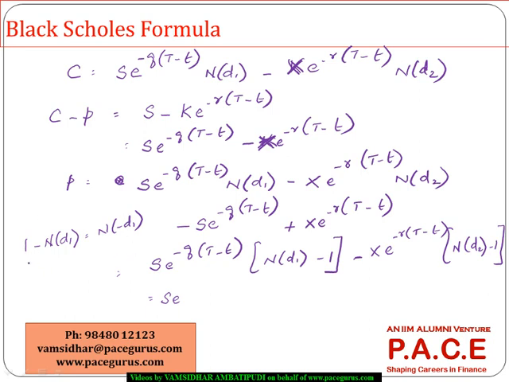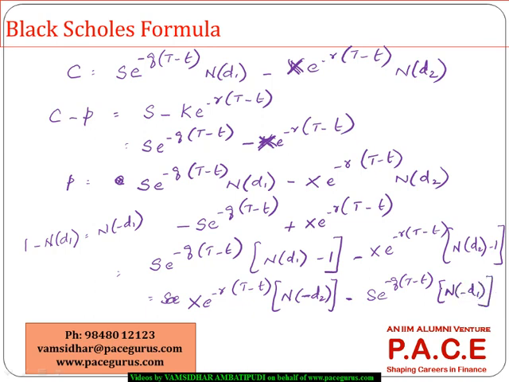If I'm looking at taking out a minus across all, it is coming out like X e^(-r(T-t)), 1 minus N(d2) becomes N(minus d2), minus S e^(-q(T-t)), 1 minus N(d1) becoming N(minus d1).